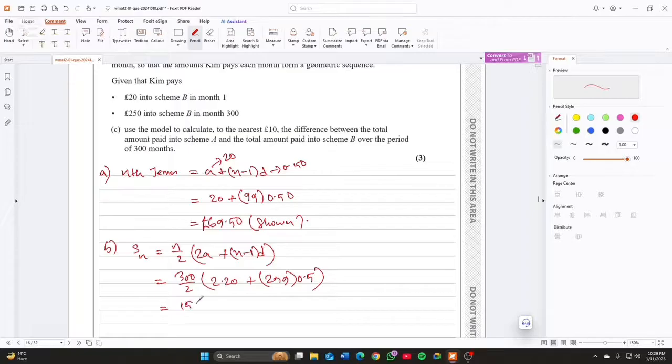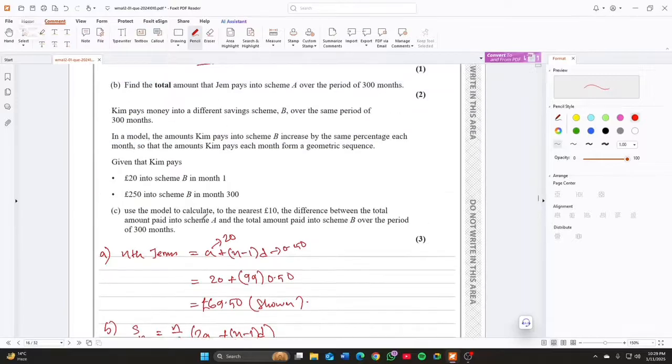So this is 150 times 40 plus 299 times 0.5. And if we calculate this in our calculator, 40 plus 299 times 0.5 times 150 gives us the value 28425. 28425 pounds. This is our answer.